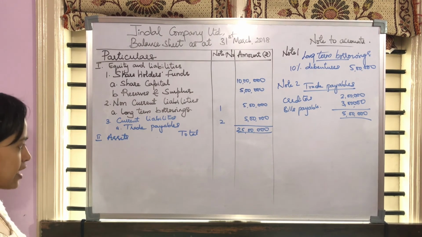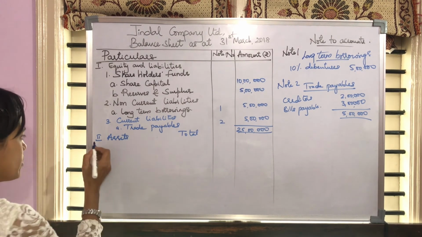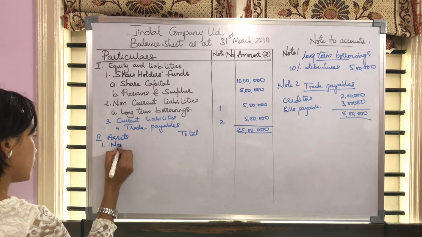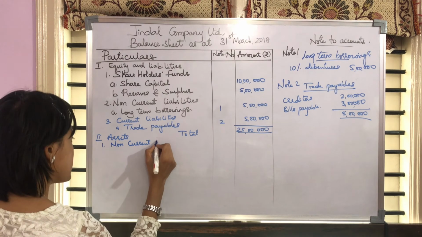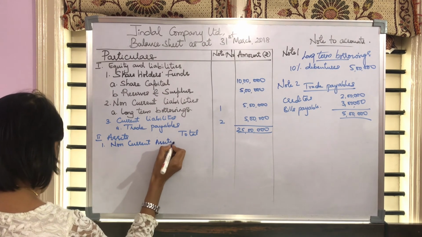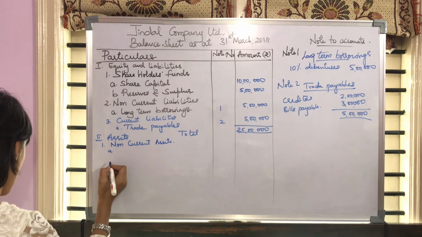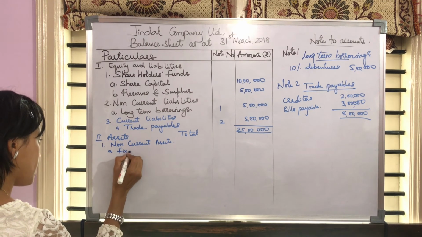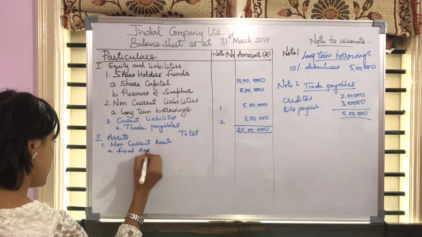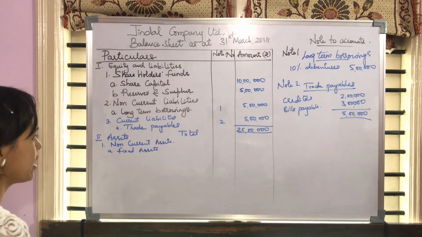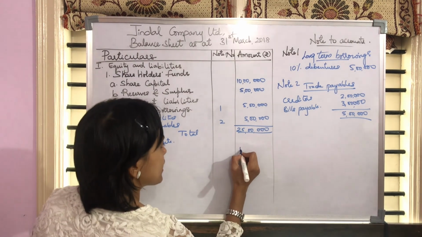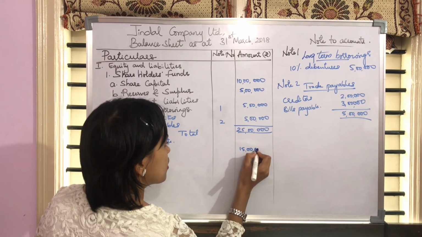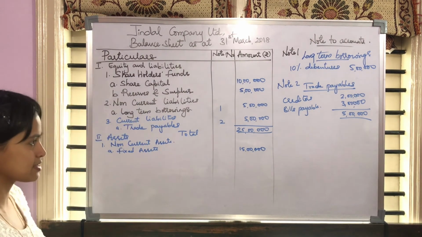Well, under assets, the first item that we have is non-current assets. Under this category A, fixed assets. Again, information with respect to fixed assets is being given, so let's write it directly. Rupees 15 lakhs.